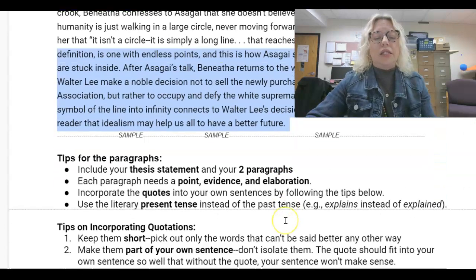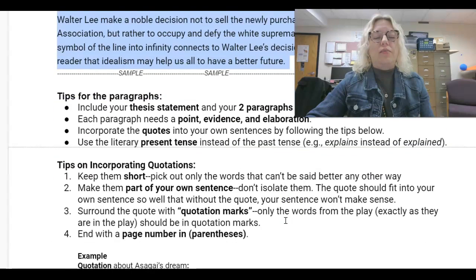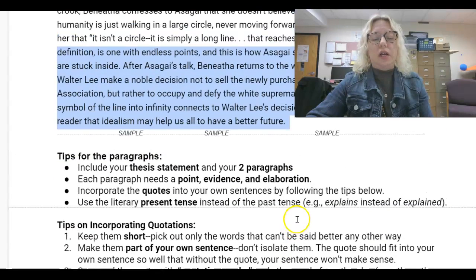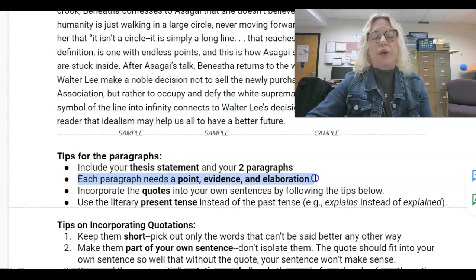All right. Tips for the paragraph. These are just sort of helpful tips. First of all, each paragraph needs a point, evidence, and elaboration, which I just said. Incorporate the quotes into your own sentences, although I'm not going to be grading how well your quotes are incorporated. And then use the present tense. So Hansberry does this.